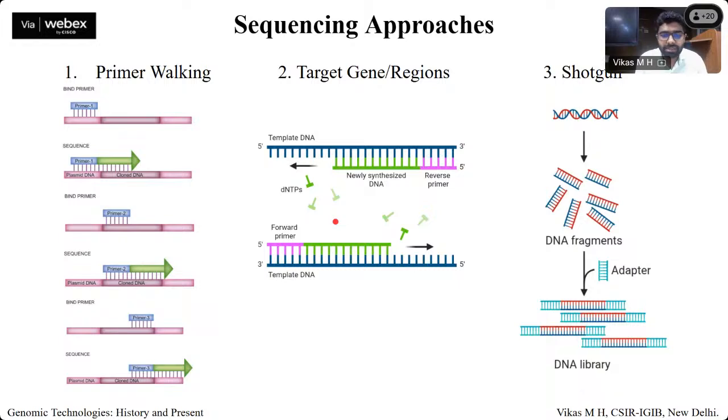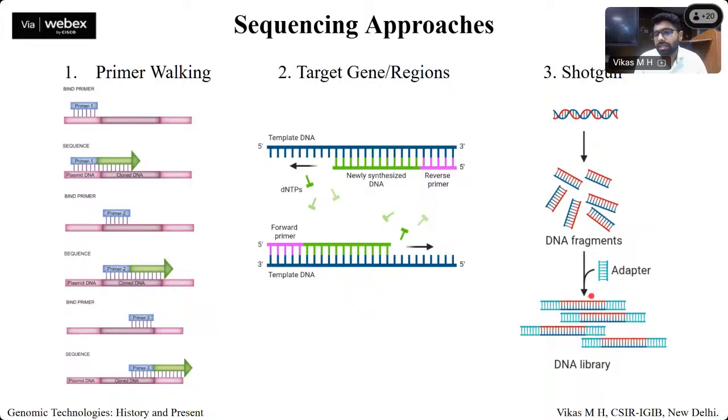And in the case of bacteria, 16S is the sequence that is used to identify bacterial taxonomy. So you just need to have the primer for it, and then synthesize the gene, and by targeting that particular length only, you can determine whatever you want to get out from the experiment.